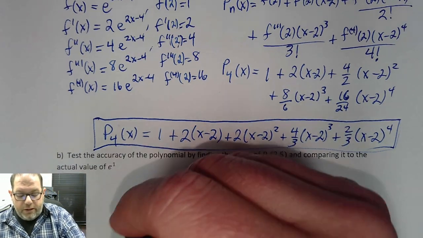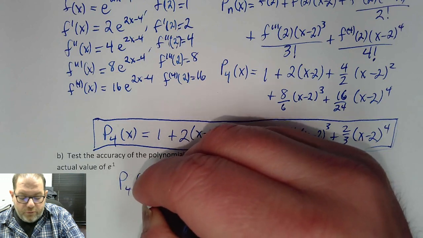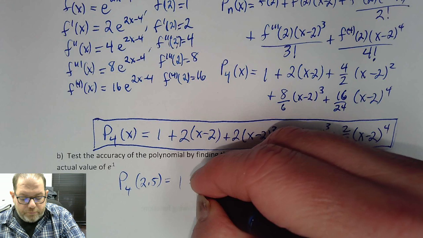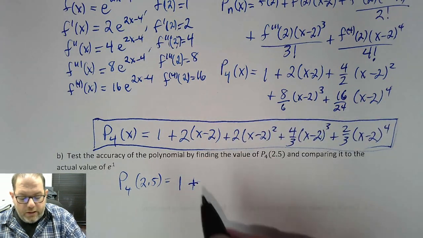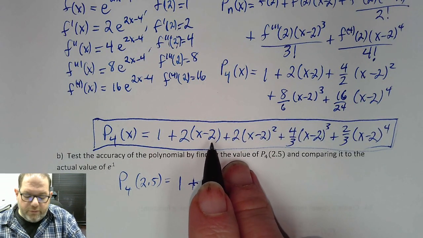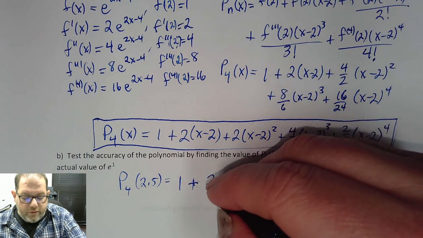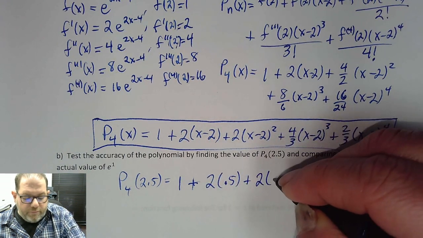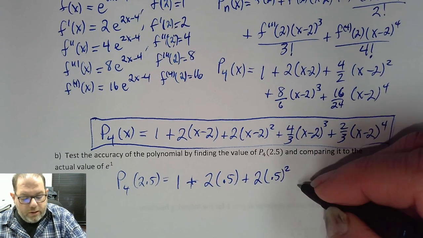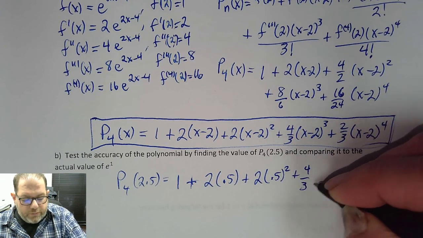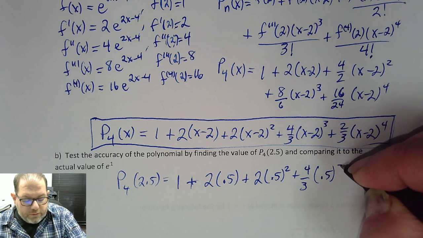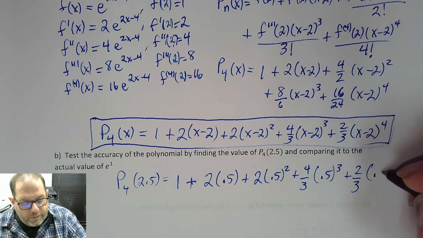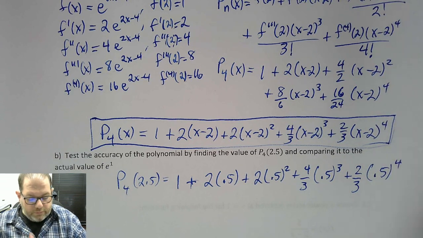Okay, now if we plug in P4 of 2.5, that's 1 plus, now if we plug in 2.5 minus 2, that's going to be 2 times 0.5 plus 2 times 0.5 squared plus 4/3 times 0.5 to the third and plus 2/3 times 0.5 to the fourth.